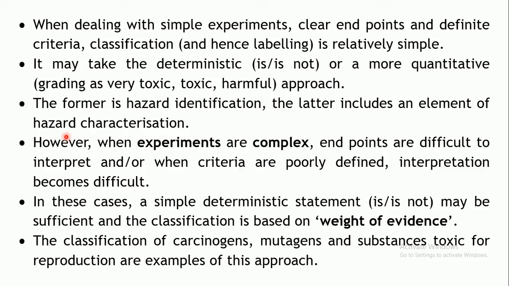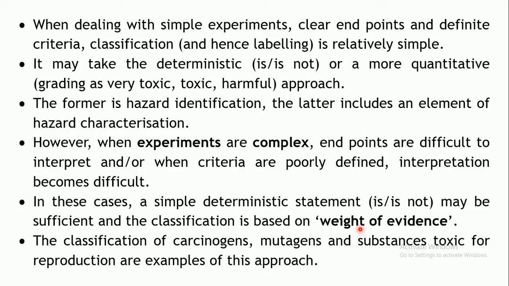But there are certain experiments which are quite complex, wherein endpoints are very difficult to interpret or observe. In such type of study, a simple deterministic statement may not be sufficient. So here the classification is based on weight of evidence of the toxicity.